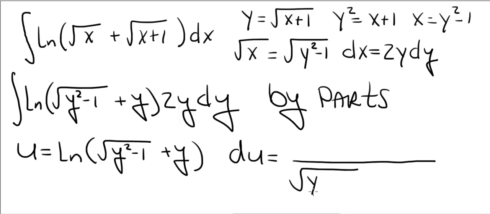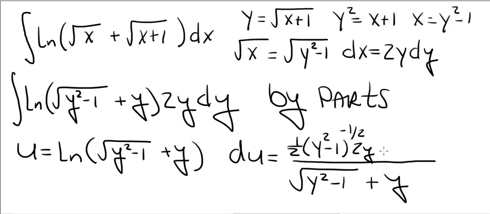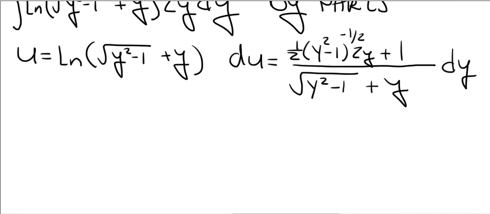In the denominator, we put square root of y squared minus 1 plus y. In the numerator, we put the derivative of the denominator, which is 1/2 y squared minus 1 to the minus 1/2 times 2y plus 1 dy. So let's simplify this even more, a lot more.